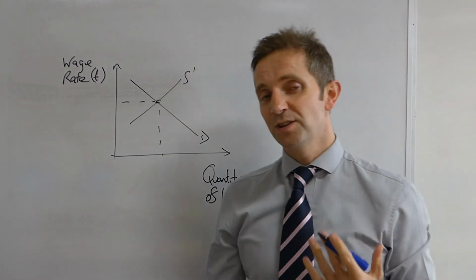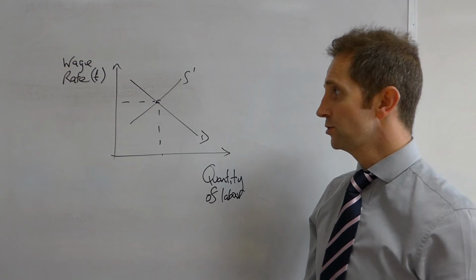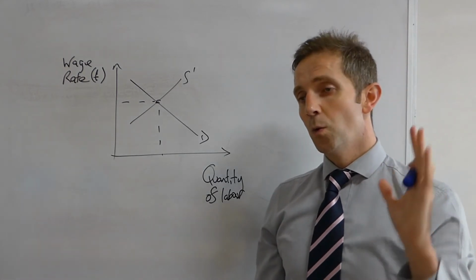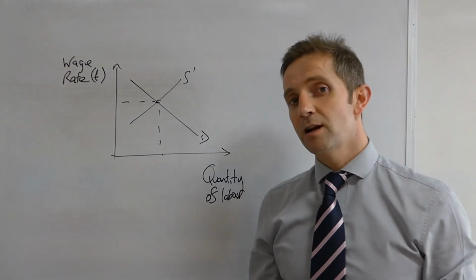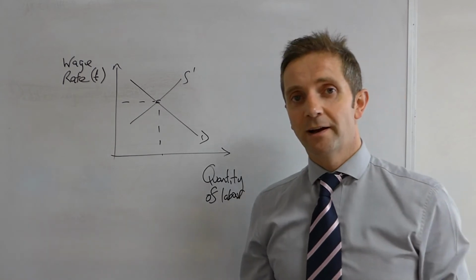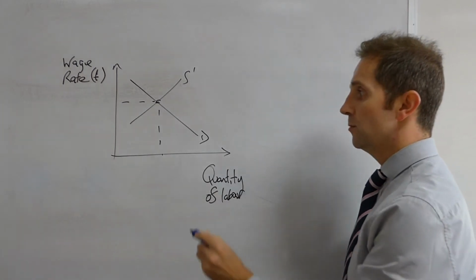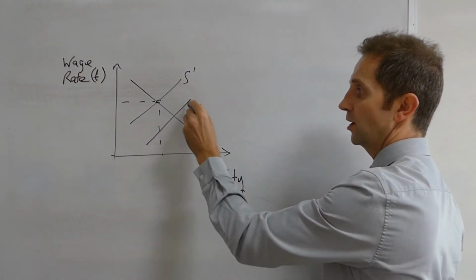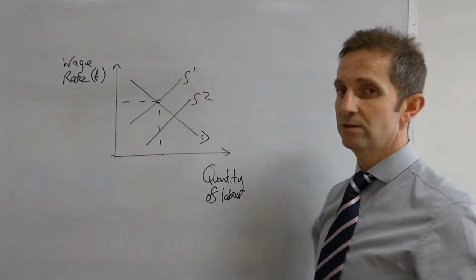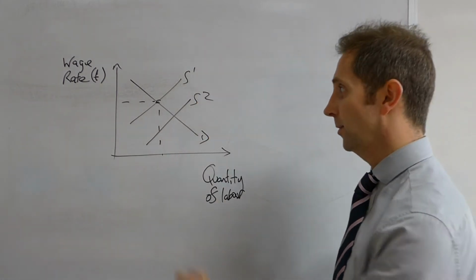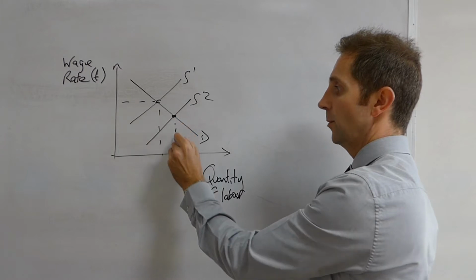You're then told that there's an increase in the supply of labour, and your job is simply to move one of the curves in the correct direction and then to label up the diagram in full. So we would move the supply curve to the right to indicate an increase in the supply of labour, and then we label it up.